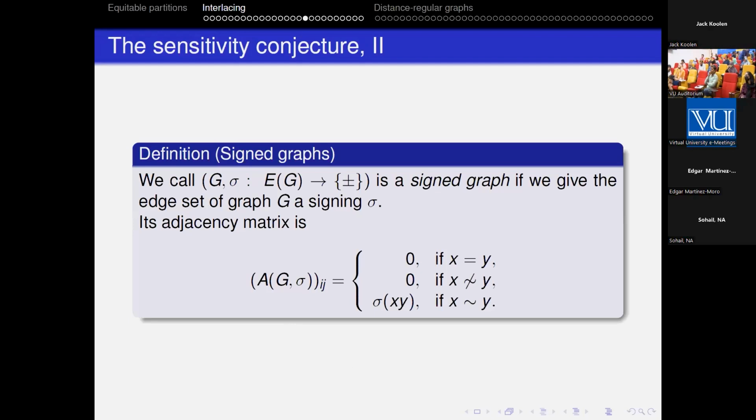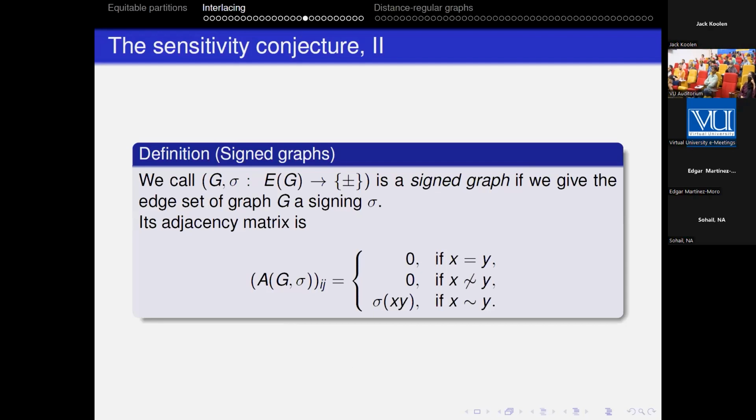So we also need signed graphs. This is an important part of the proof, that you have to look at signed graphs. What is a signed graph? You sign the edges with +1 or -1, or plus or minus, depending on what you like better.